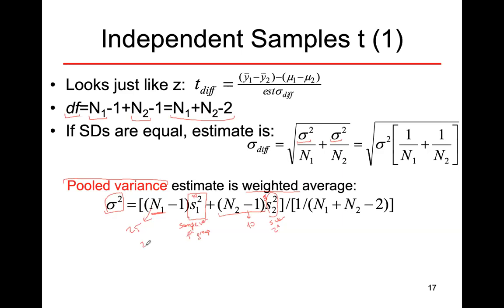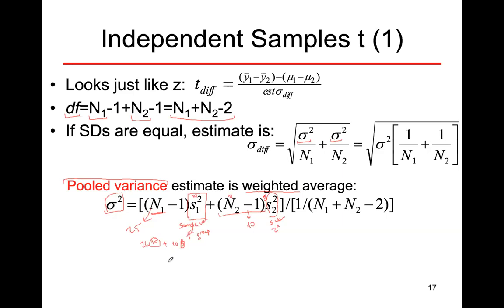What do I do? 24 times 10 plus, let's say this is 11, 10 times 5. This is a kind of weighted average. That's what I say: I have more 10s than 5s. That's what I do over here.